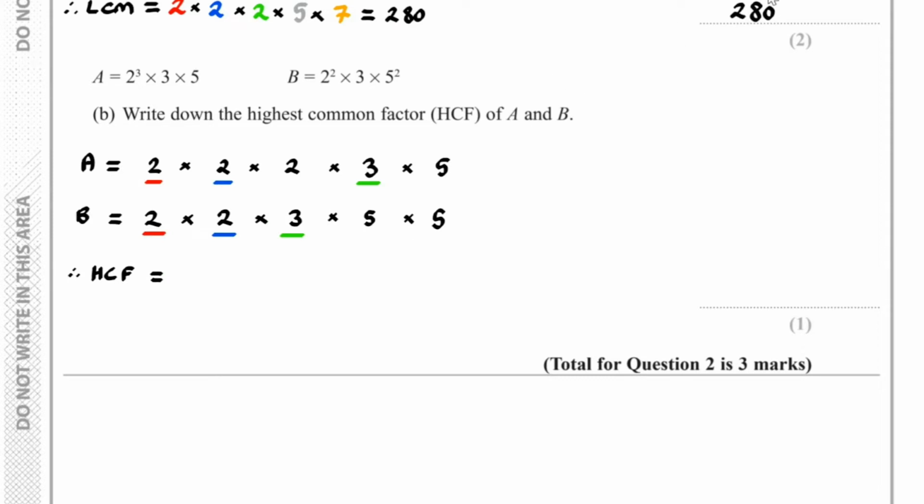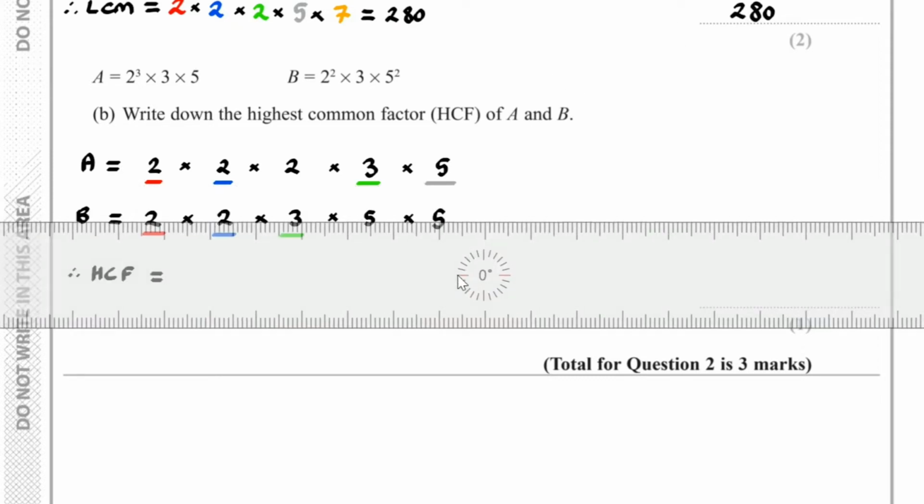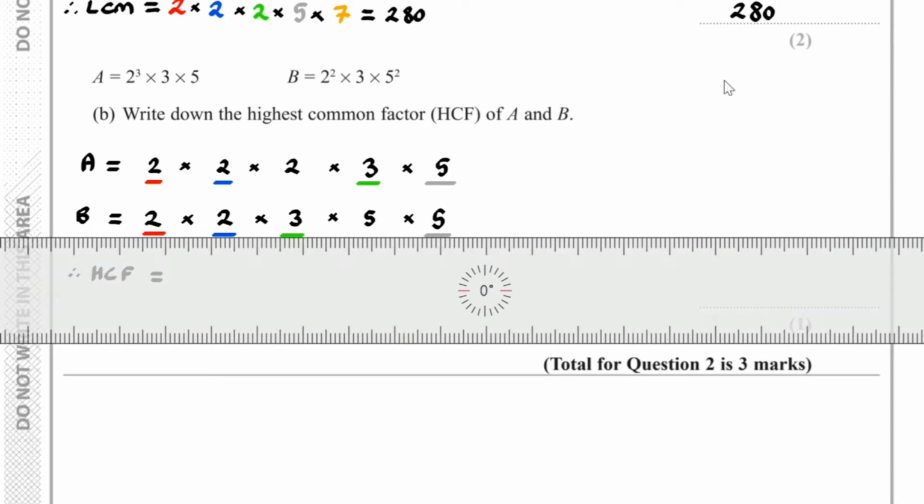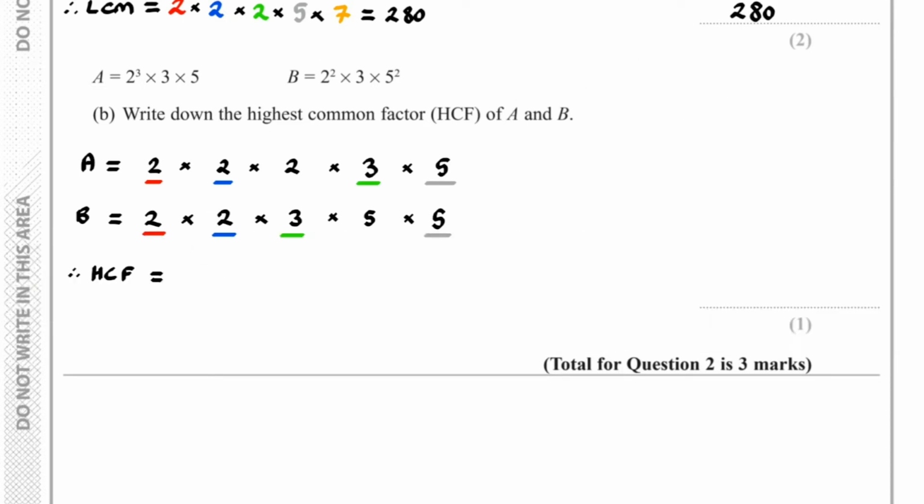And what else is common is the 5. So for the highest common factor, we have 2 multiplied by 2 multiplied by 3 multiplied by 5. And if we multiply all of these together, we end up with 60.